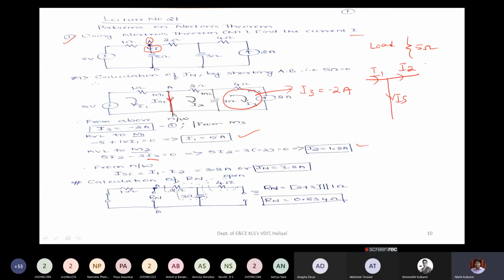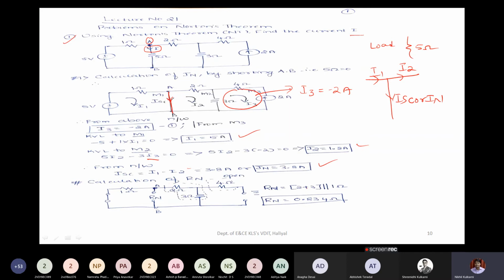So we can write I1 is equal to I2 plus I short circuit, or I Norton. So I Norton will be I1 minus I2. Okay, so this is the requirement. You will get Norton's current as this value.